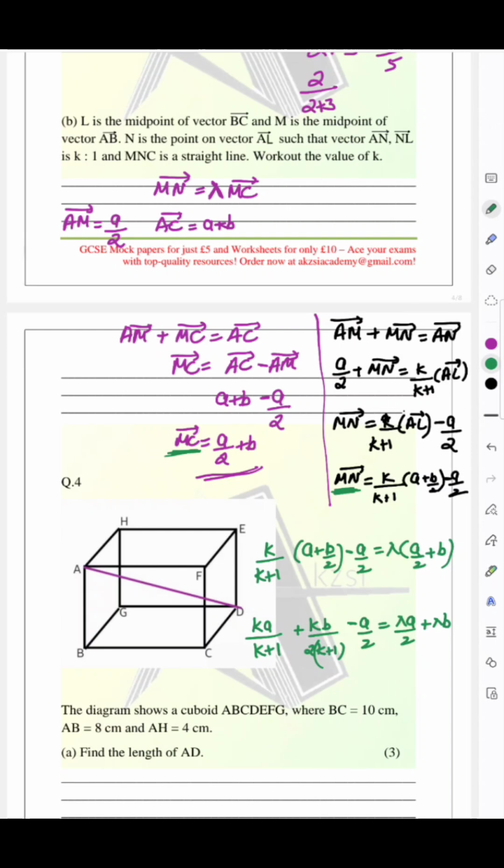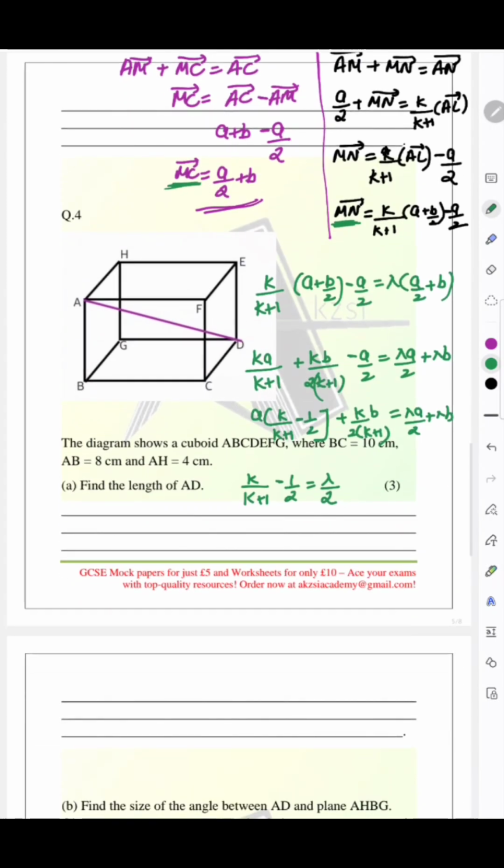So on the left hand side, a times k over k plus 1 minus half, plus kb over 2 times k plus 1, and on the right lambda a by 2 plus lambda b. So a and a: k over k plus 1 minus half is equal to lambda by 2, and for b it's b over 2 times k plus 1 equals lambda.